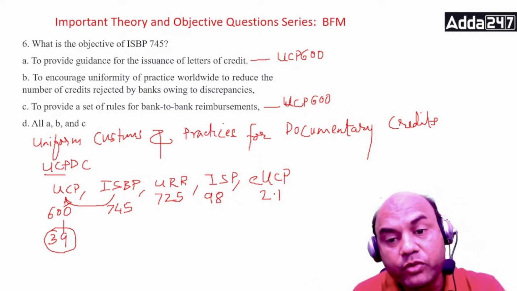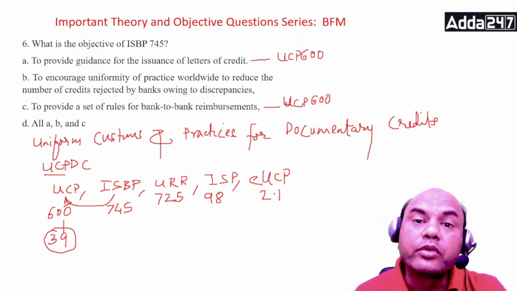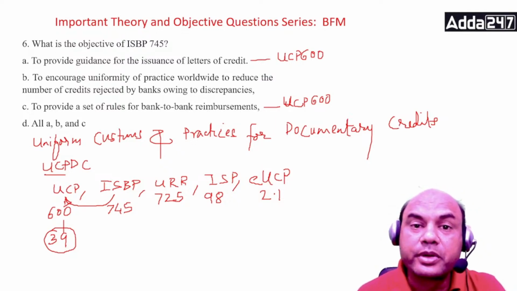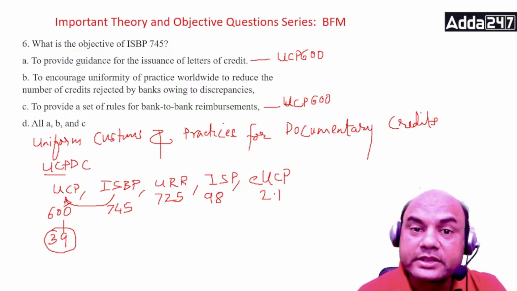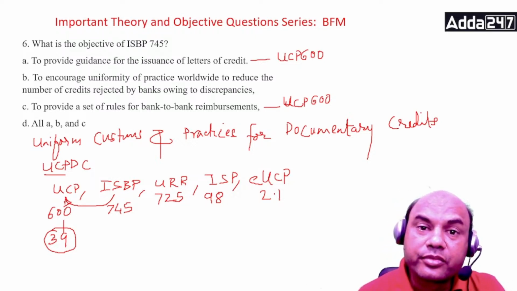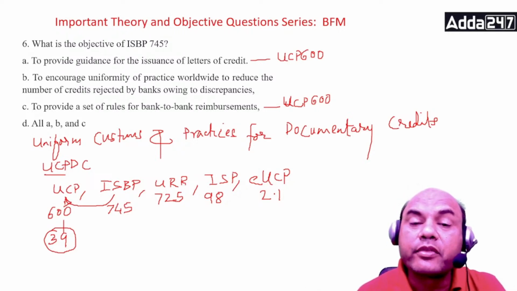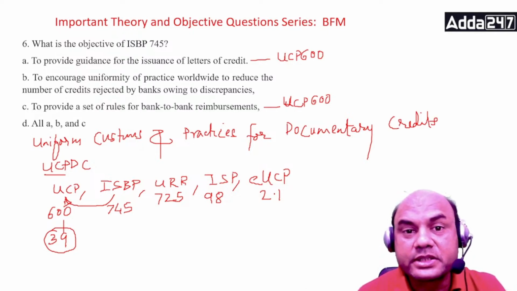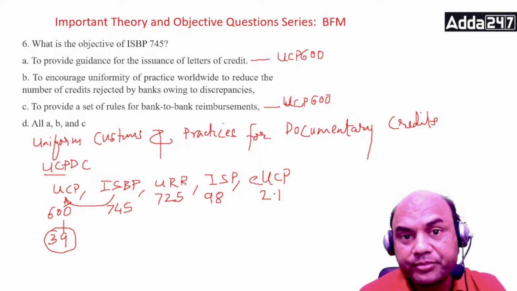ISBP provides uniformity. Uniformity means what? It will tell you how an invoice in international trade should be issued, how the BL should be issued, what all signs are required on the BL, what other documents are required, what the bill of exchange is, and what points should be there on the bill of exchange. That will be given under UCP in some part, and mainly in ISBP.